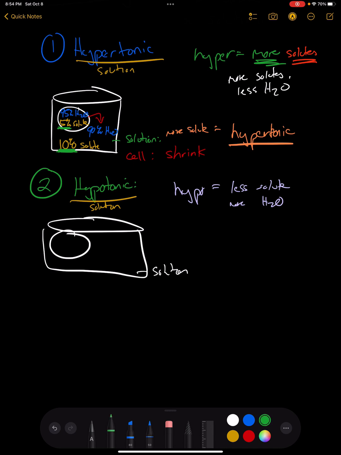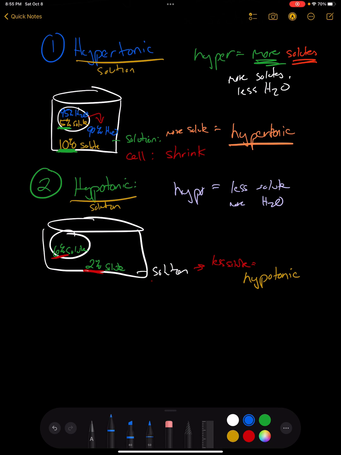So let's say maybe this solution has 2% solute, and my cell has 6% solute. Well, if I'm comparing, I have 2 versus 6. My solution has less solute, and if it has less solute, that means it is hypotonic.